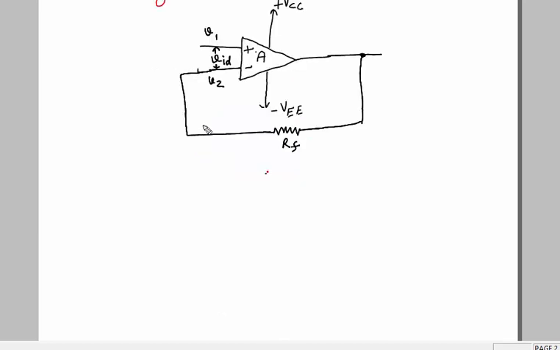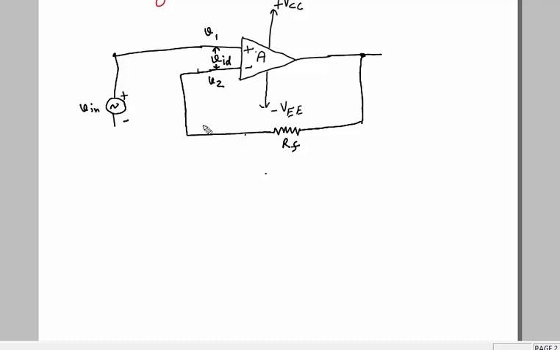Since in the beginning we mentioned it's a non-inverting amplifier, we connect the non-inverting terminal to the input Vin.